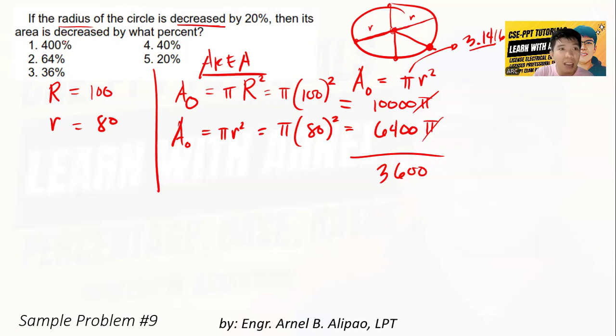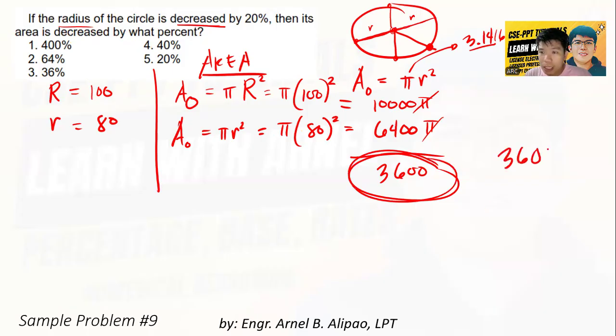Then its area is decreased by what percent? This is what was lost after the reduction of 20%. So how much is this with respect to the original area? That is 3,600 out of the original area, 10,000.